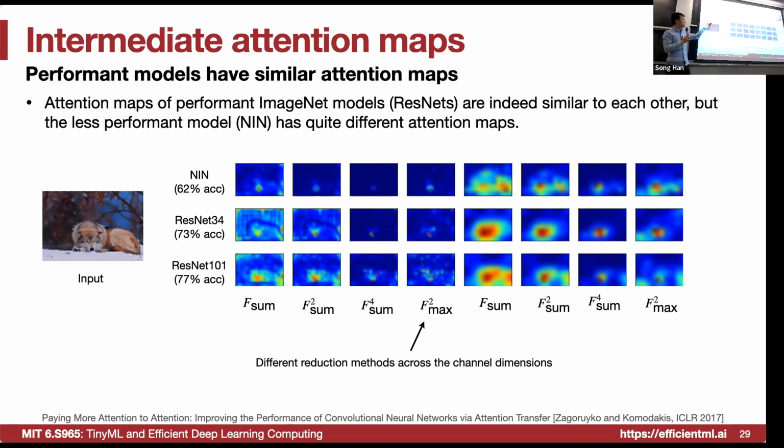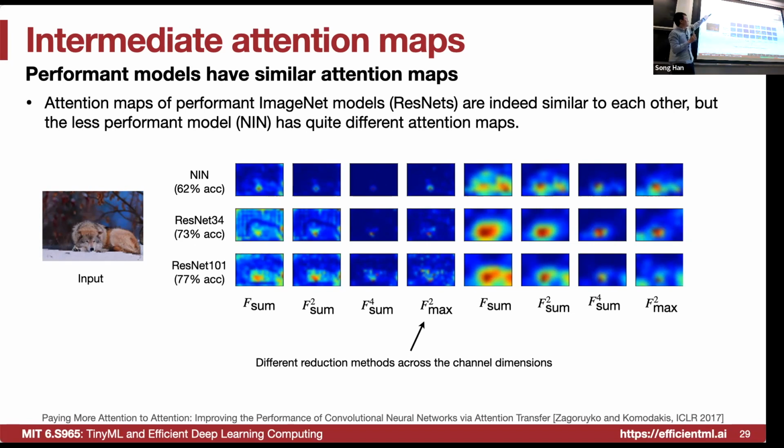Given the same inputs, if we try to distill the student model using these teacher models, which have higher accuracy, we find that these teacher models have roughly similar attention maps, while the student model has a different attention map compared with these two teacher models.